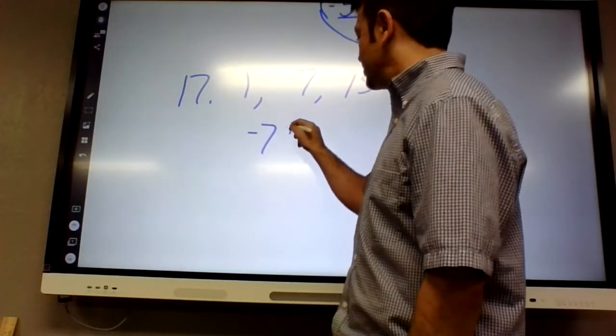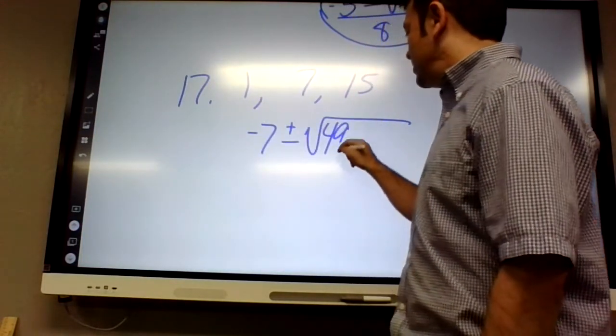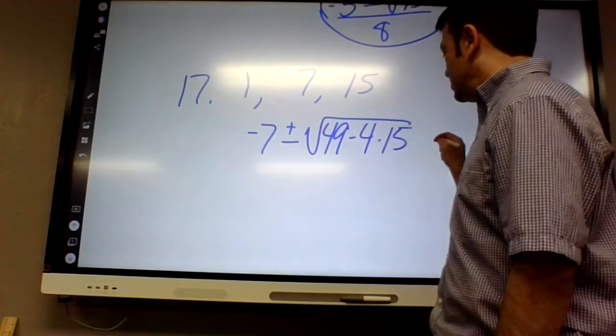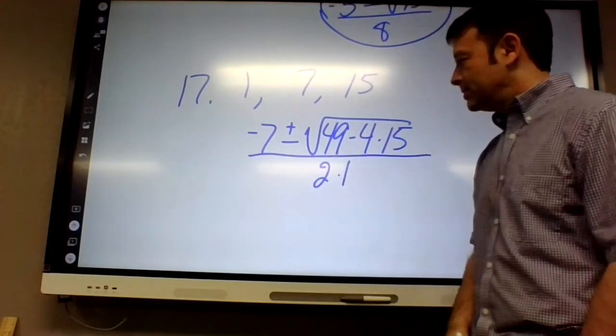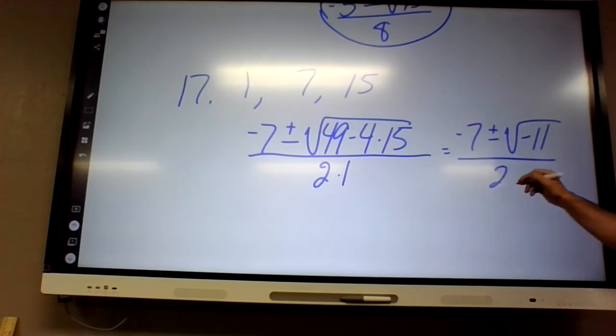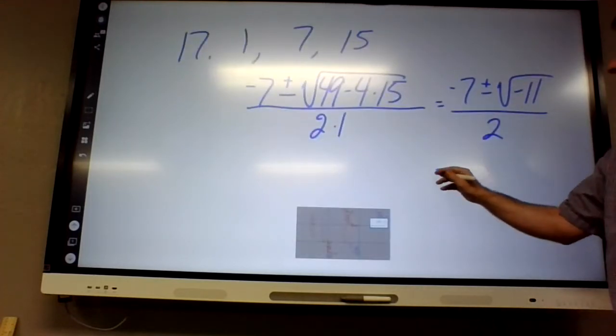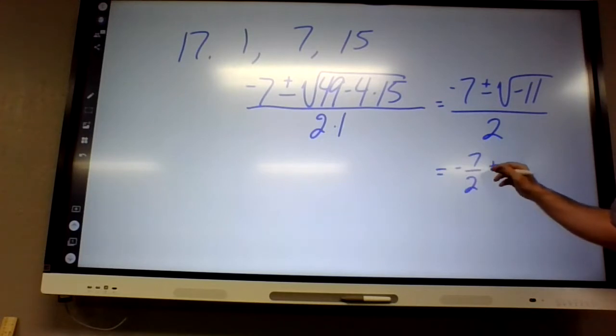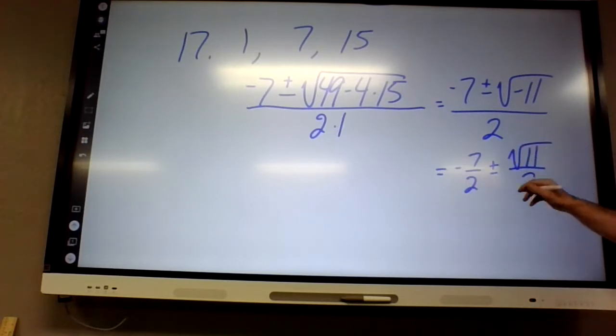So negative b plus or minus square root of b squared minus 4ac over 2a. 49 minus 60 is negative 11, which means imaginary. You split it up, put the 2 below each thing. So negative 7 over 2 plus or minus square root of 11 over 2 i.